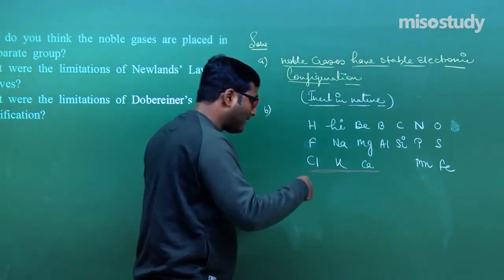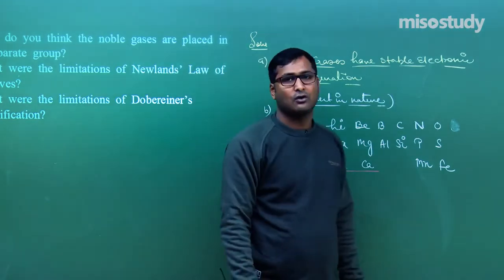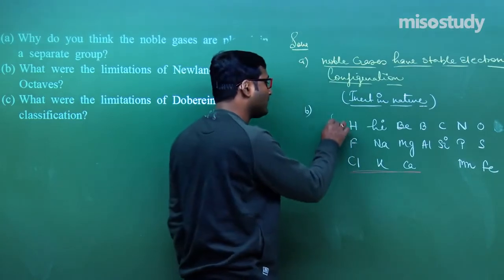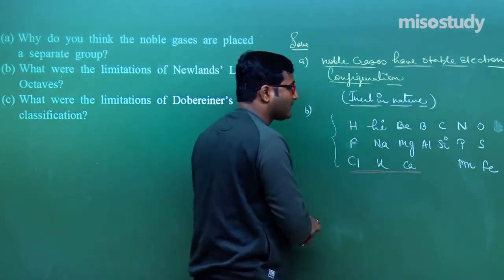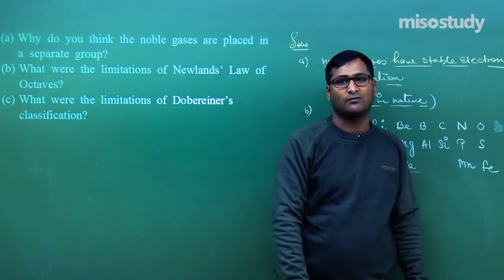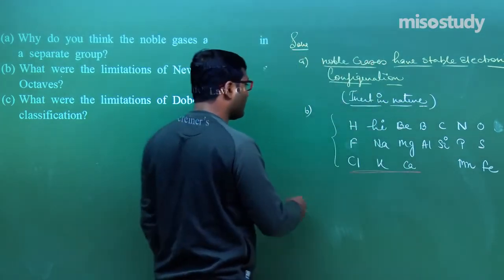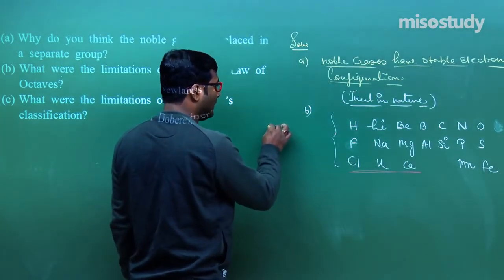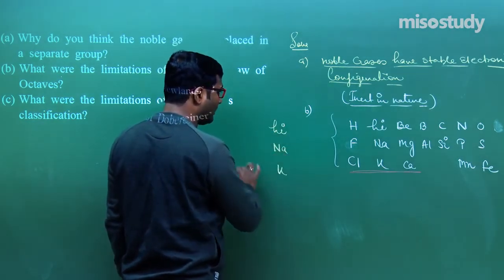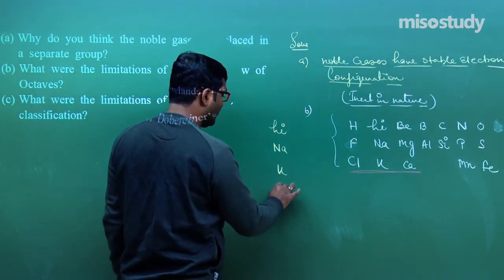After that this law does not hold good, because after the discovery of more elements, this order, that is first and 8th element, was not followed. If I arrange lithium, sodium, potassium, then there comes rubidium.